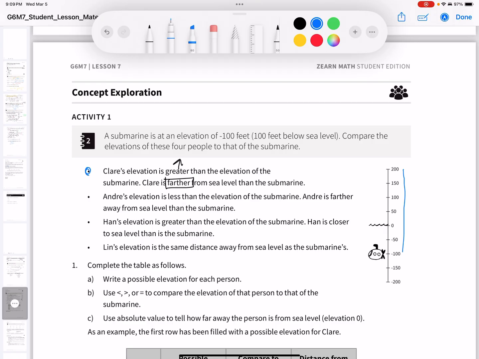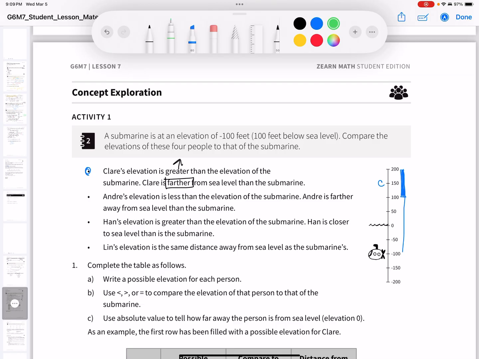So the distance from 0 that the submarine is, is 100. So that means Claire has to be above, so right in here, above 100. So where do we want to put Claire? We could put her at 150, 200. Let's put her at 150. All right, so 150 is Claire.